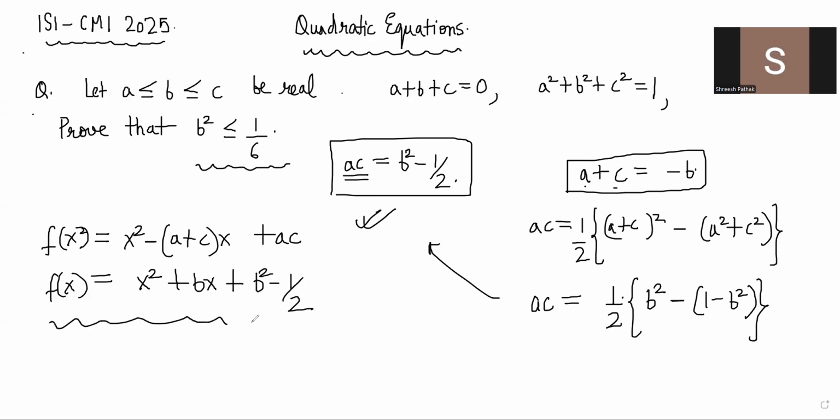This quadratic has roots A and C. So obviously its discriminant would be positive, but that will not give us the condition. That will be a condition weaker than what we need, because a similar thing you have already tried, right?